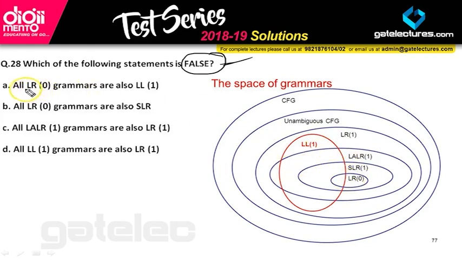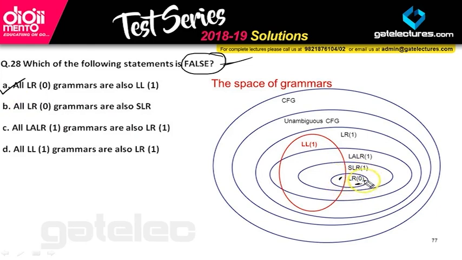So the first option says all LR0 are also LL1. No, it is not right. Clearly this one is LL1, but some of the grammars which are LL1 are not LR0. Okay, so the first statement is the one which is false, and that's why it is the answer. Let's solve the others also. All LR0 are also SLR1.